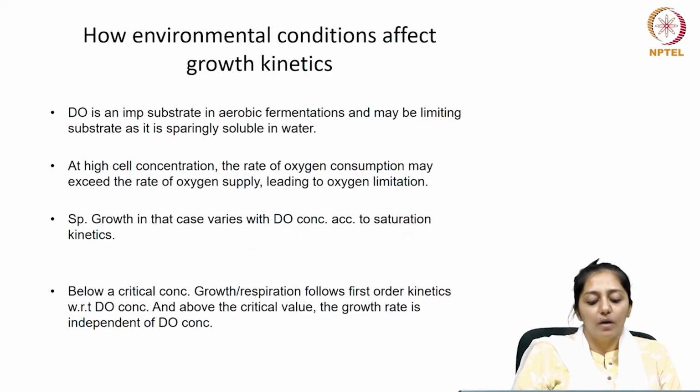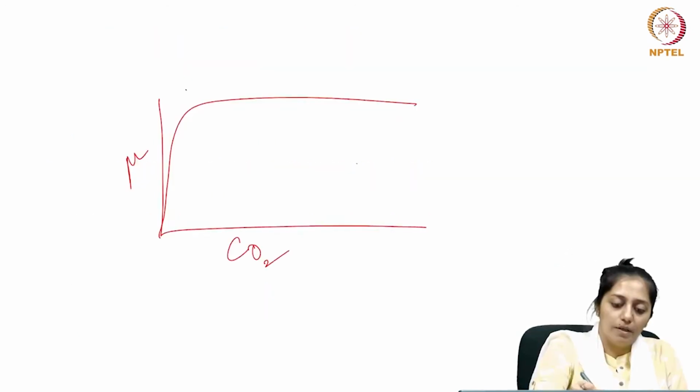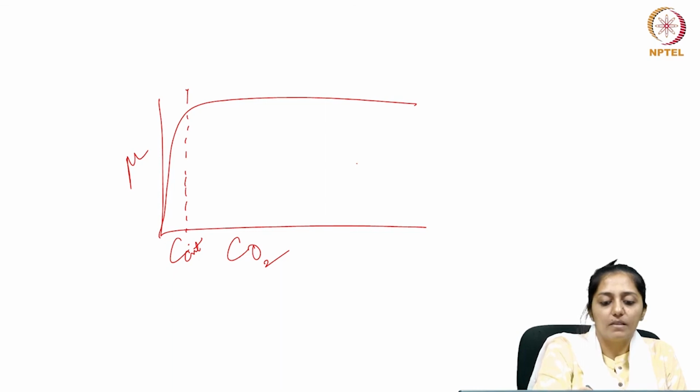Now, below a critical concentration, the growth or the respiration follows first order kinetics with respect to the dissolved oxygen concentration, and above the critical concentration, the growth rate is independent of the dissolved oxygen. If you see the plot, your critical oxygen concentration will be somewhere here.